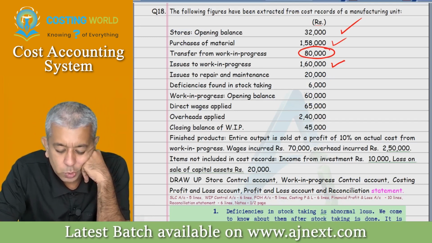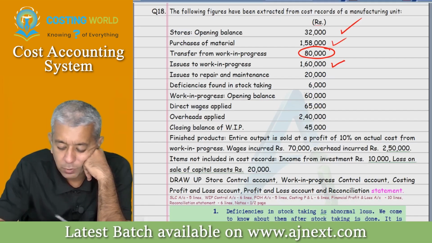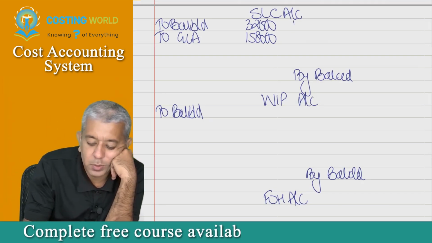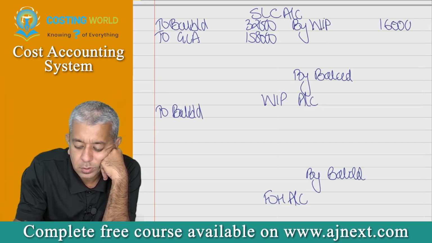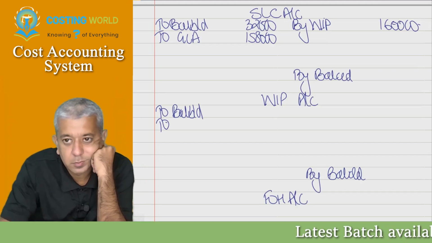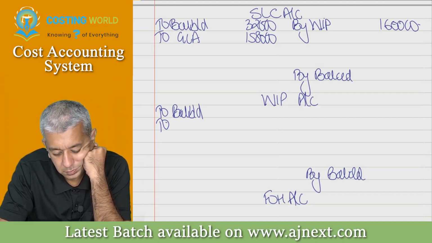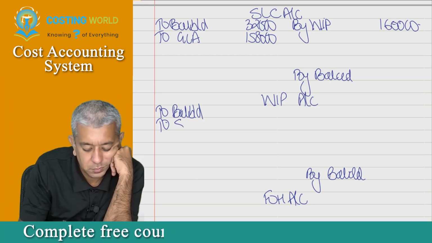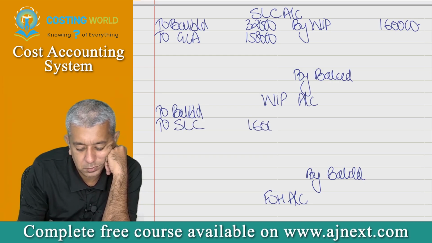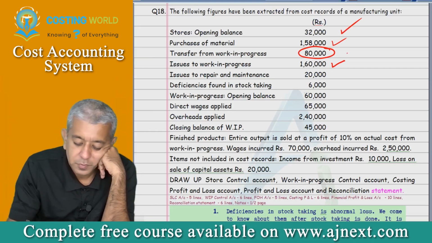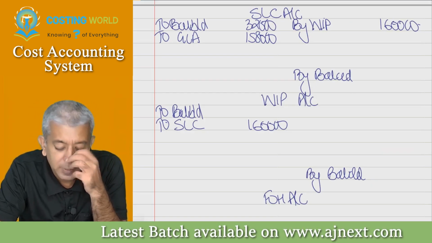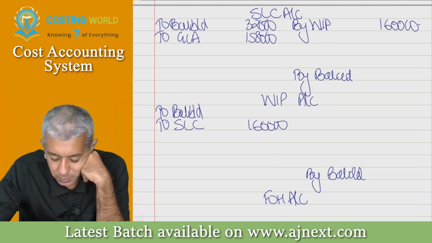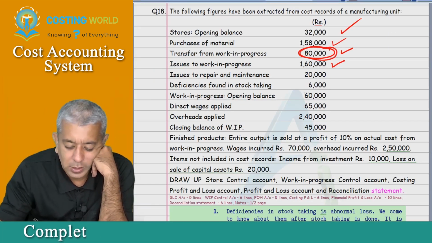I am trying to do this particular transaction, then I will come back to this. Tell me, issues to WIP 1,60,000. What will be the entry? WIP to SLC. So write down by WIP 1,60,000. Further, now transfer from WIP. We issued something to the factory of 1,60,000. Out of that, how much have they returned back to us? 80,000.